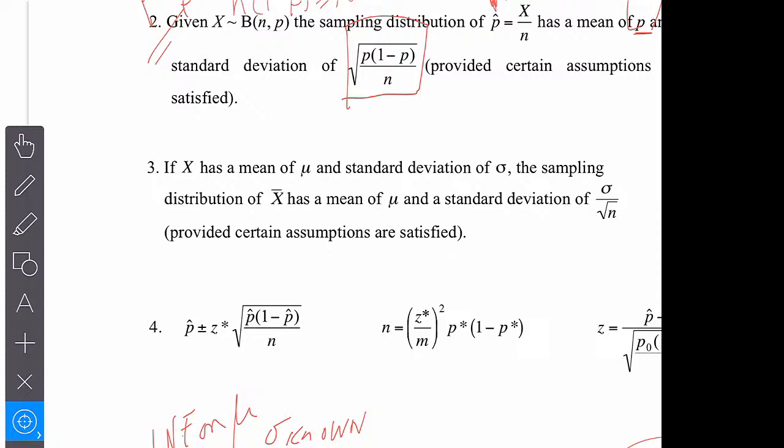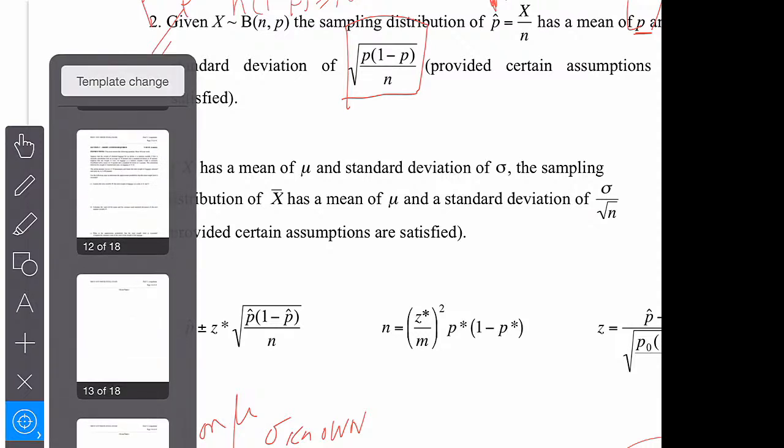Okay, and these will be normal if X was normal, and even if X was not normal, x bar's distribution would be approximately normal as long as n was large enough. So review those videos, review those concepts, but that's in there and in the notes.